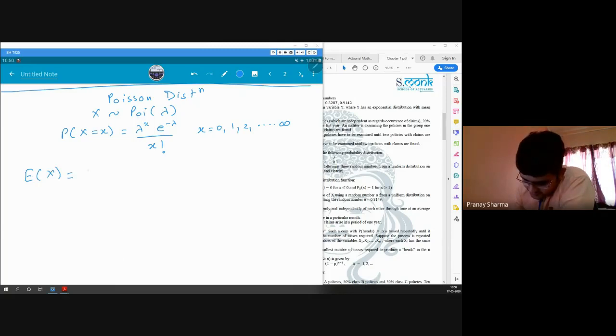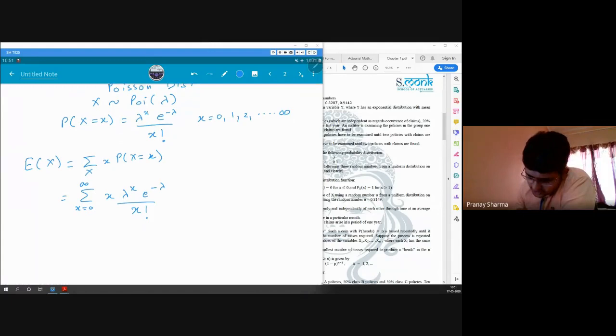So our expected value, our formula, gives me the summation with x going from 0 to infinity. Now here, if I put x equals 0, I'll get the whole term 0.